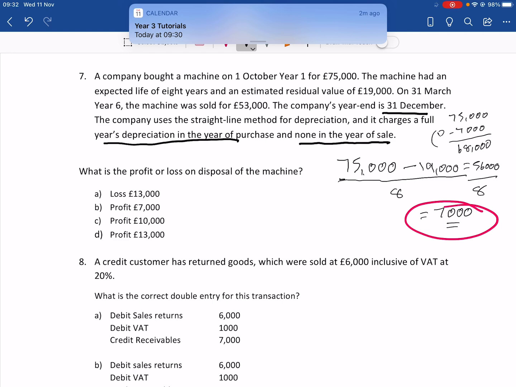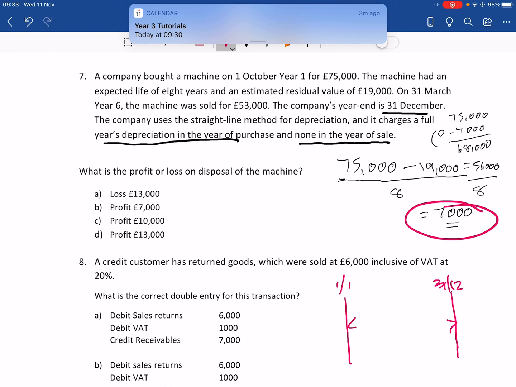Bearing that in mind, I'll draw my little lines so you can remember. Our year end is the 31st of December, so the start of our year was the 1st of January. This is our financial year. Each year we're charging £7,000 depreciation for the asset.